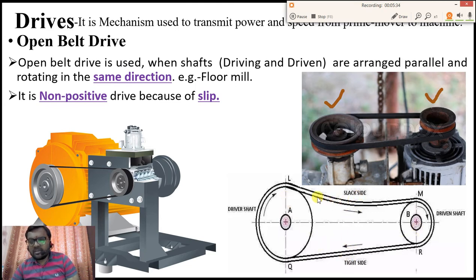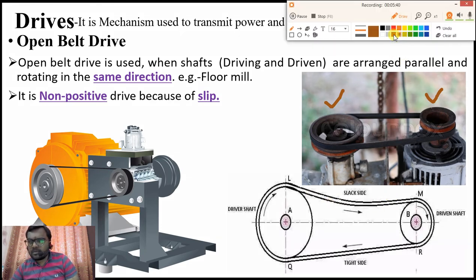One is the belt which leaves the driving pulley. Now you can see here, this side belt is leaving the driver pulley and this side belt is coming on the driver pulley. The side on which the belt leaves the driver pulley, that side is always called as a slack side.